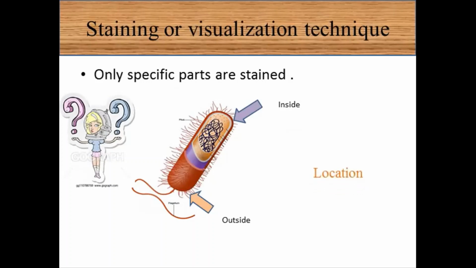One thing we can check is whether the particular molecule is present inside the cell or not. So we can check its presence, its exact location, and the distribution of the antigen throughout the cell.